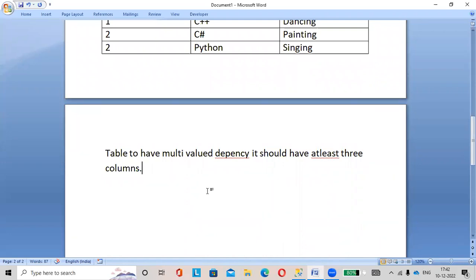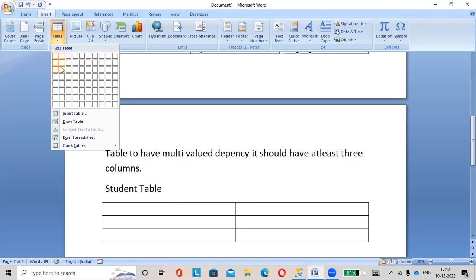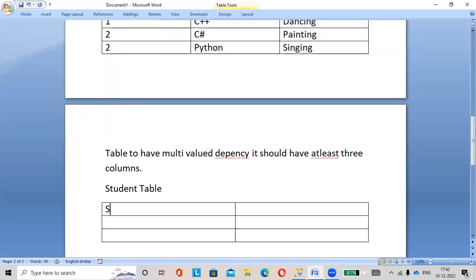Okay. Now student table. Here the columns are student ID, student name.